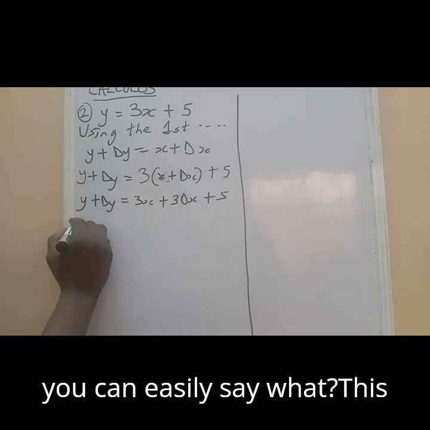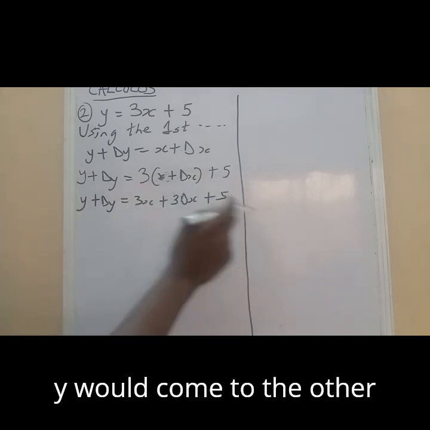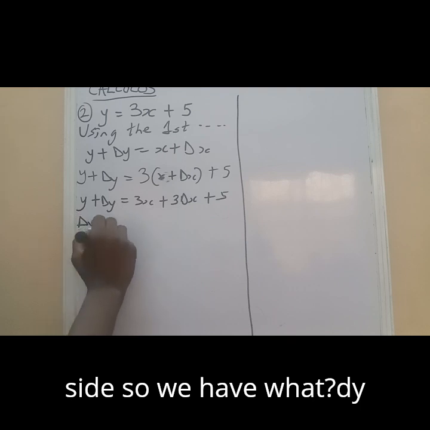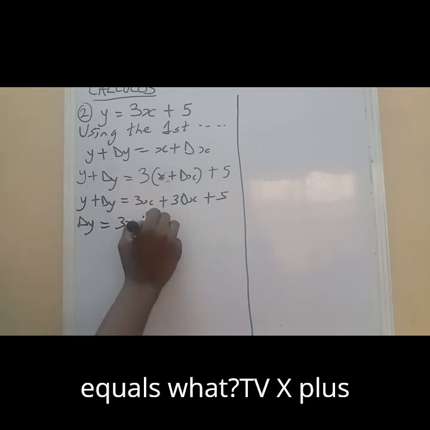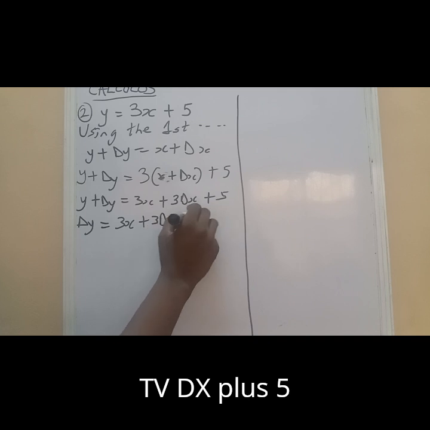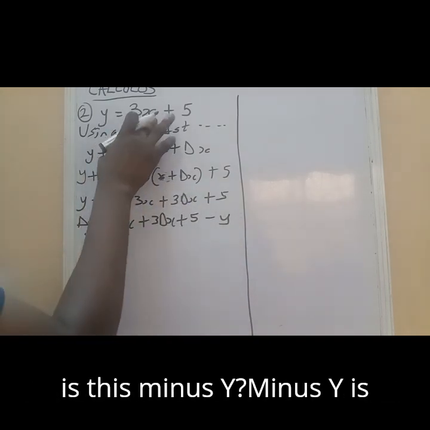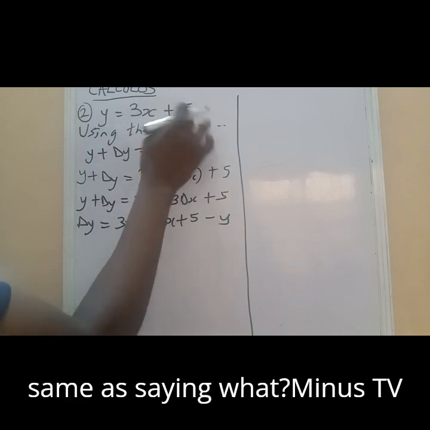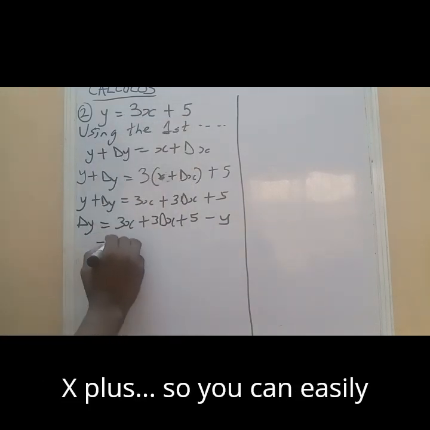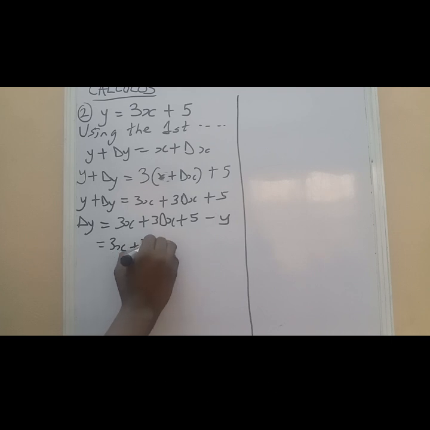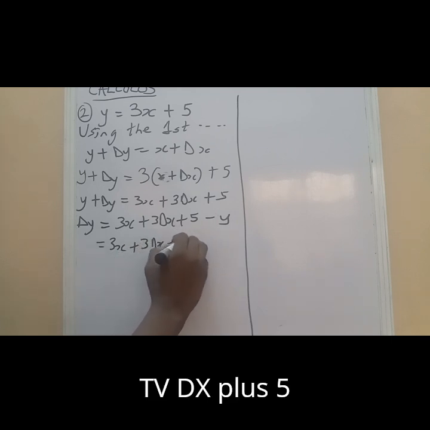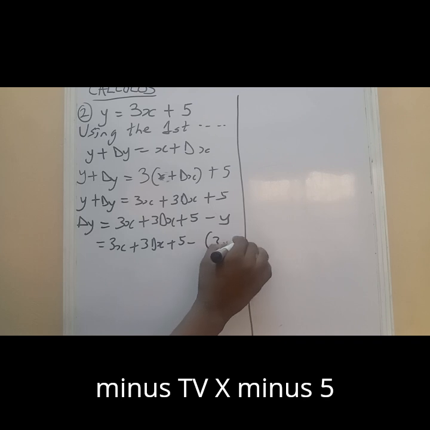So you can easily see that this y will come to the other side. So we have dy equals 3x plus 3 dx plus 5 minus y. Now, what is this minus y? Minus y is the same thing as saying minus 3x minus 5. So dy equals 3x plus 3 dx plus 5 minus 3x minus 5.